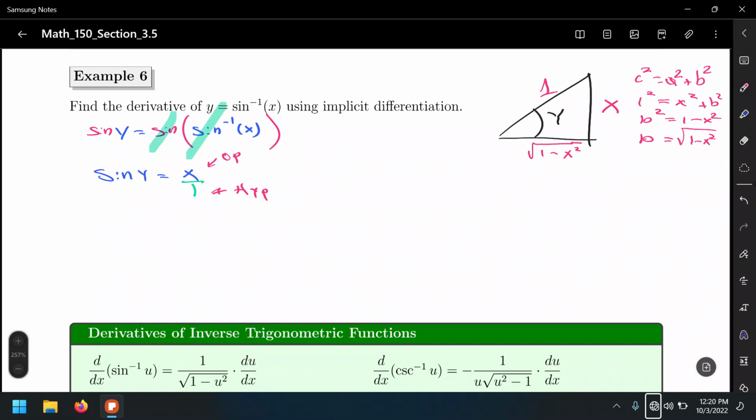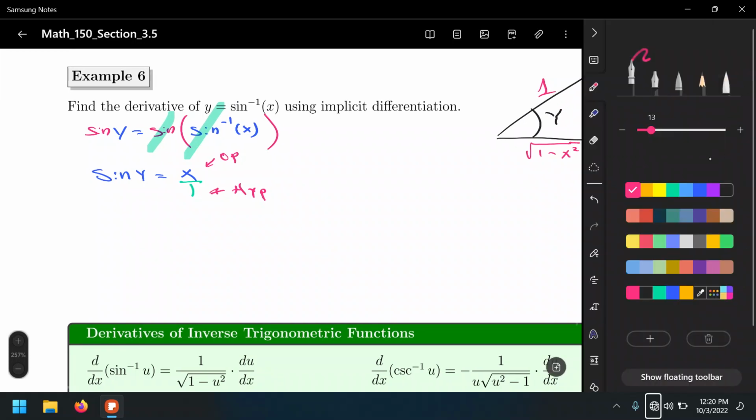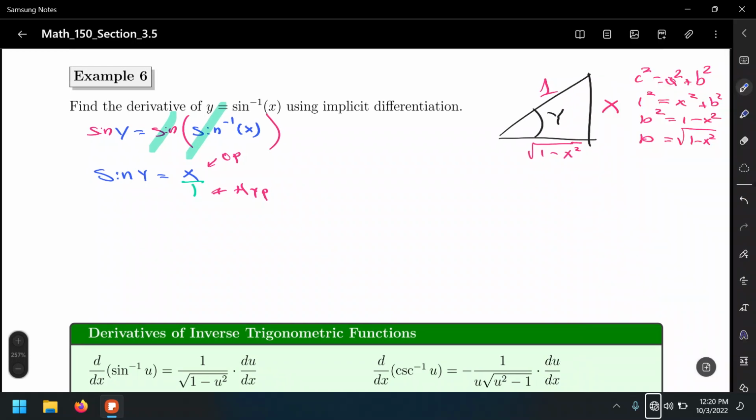Let's take the derivative implicitly. What's the derivative of sine? Cosine, isn't it? Cosine y. But because we're differentiating a y quantity, what do we need to multiply by? Is the derivative of sine y with respect to x just cosine y?